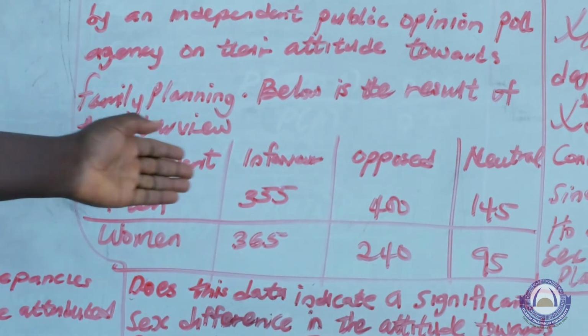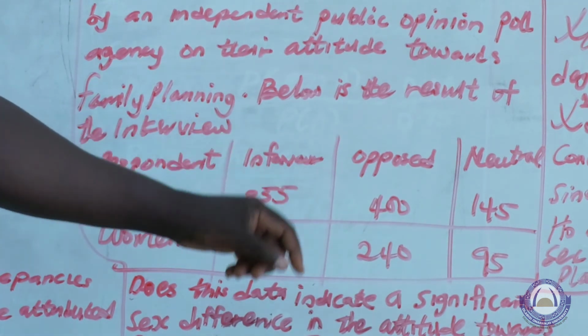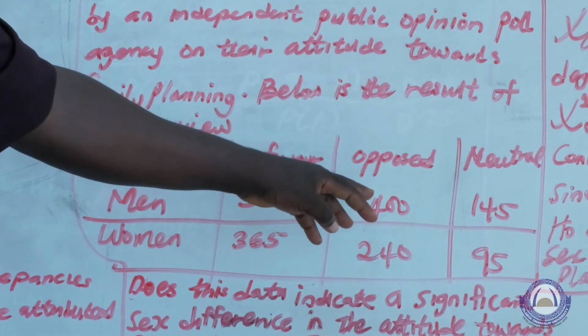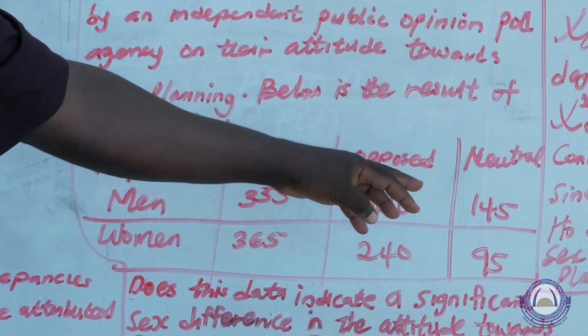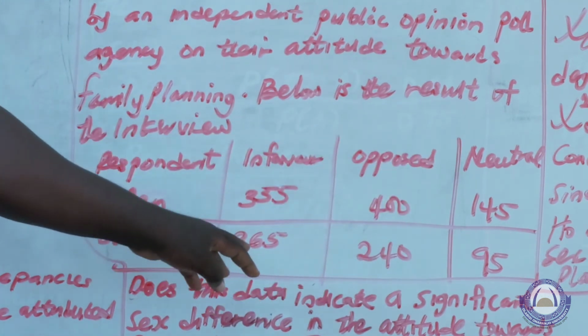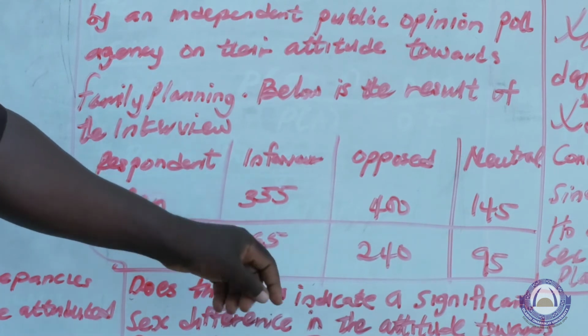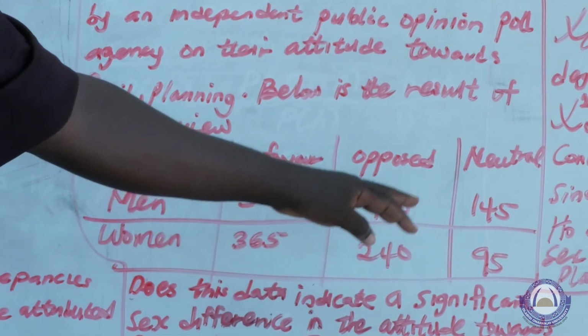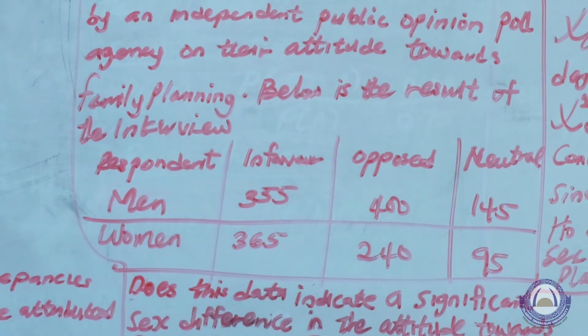Three basic categorical pieces of information are derived from the interview. Under in favor, 355 men; opposed, 400 men; neutral, 145 men; women in favor 365, opposed 240, and neutral 95. Does this data indicate a significant sex difference in the attitude towards family planning?